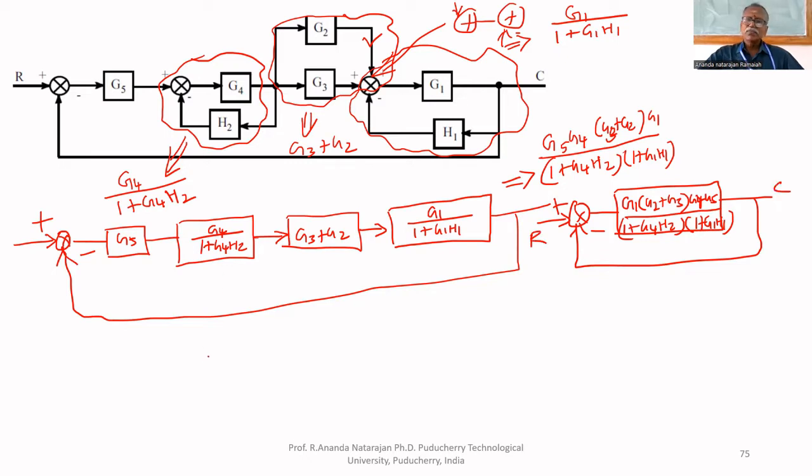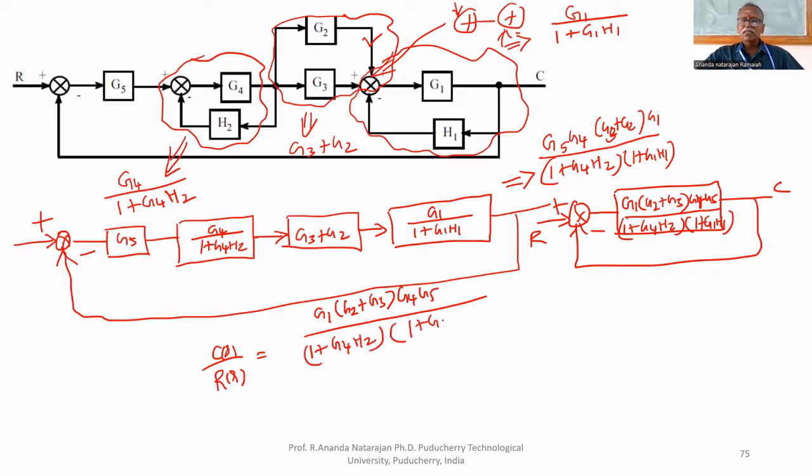If you apply 7th rule, what you will get? C of S upon R of S equal to G1, G2 plus G3 multiplied by G4, G5 upon 1 plus G4H2 multiplied by 1 plus G1H1.